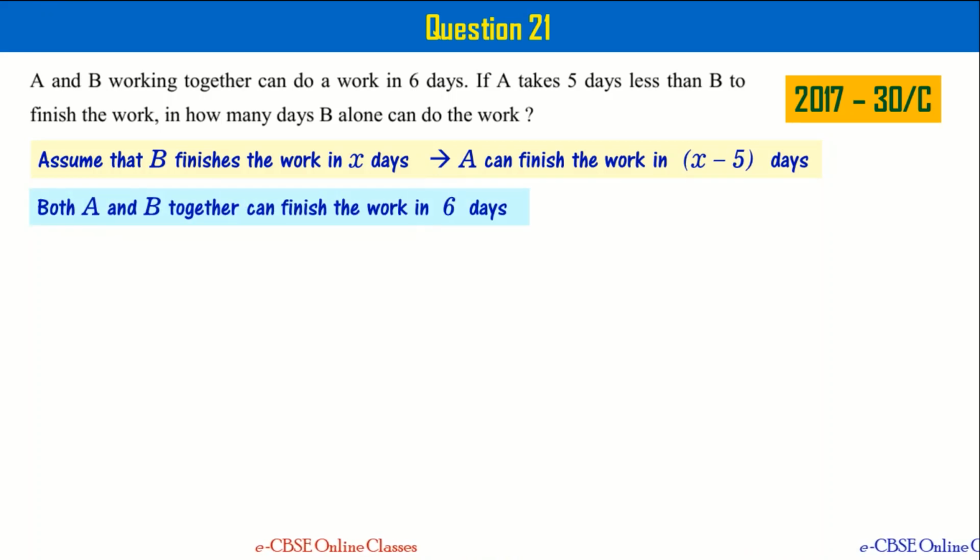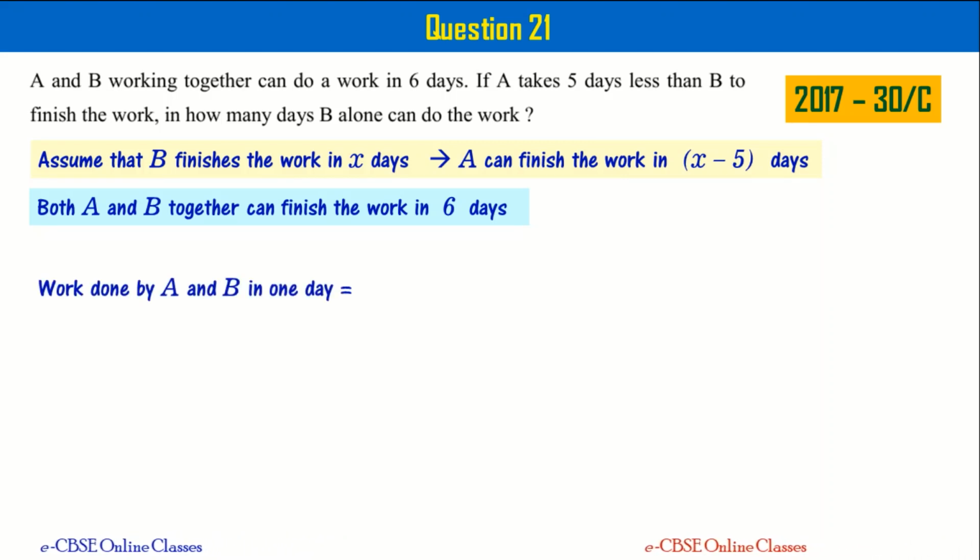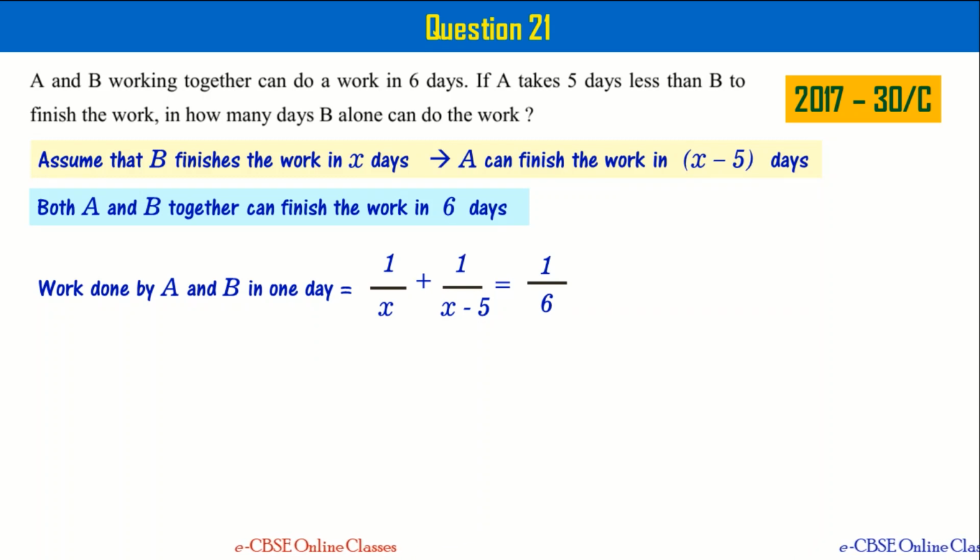The next statement given is both A and B together can finish the work in 6 days. It means in one day, they can finish 1 by 6th portion of the work, right? So keep these three things in mind. Now let's write the work done by A and B in one day, that is equal to 1 by 6. That is going to be equal to 1 by x plus 1 by x minus 5.